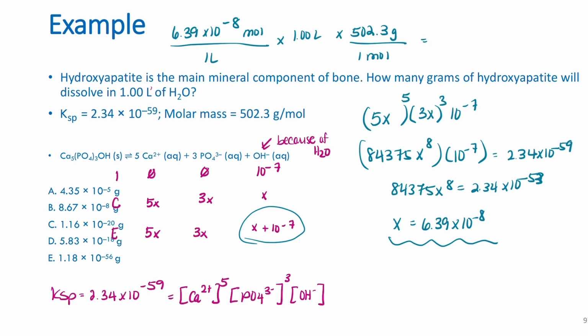That gives me 3.21 times 10 to the minus fifth grams of hydroxyapatite. So 3.21 times 10 to the minus fifth grams will dissolve in 1 liter of water. Again, good news, because I really don't want the main mineral component of bone dissolving easily in water.